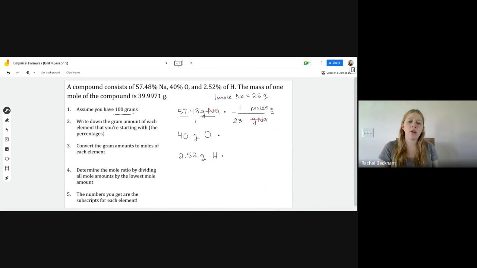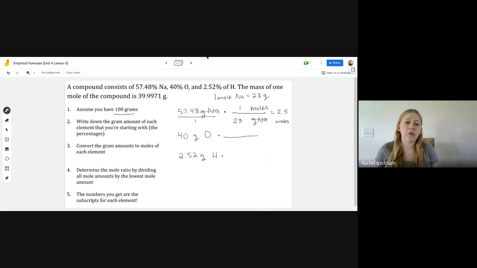And so now we're going to calculate that. So really, we're doing 57.48 times 1 divided by 23, okay? And I get about 2.5 moles. It was like 2.499. I'm just going to round it to 2.5 moles. Now we're going to do it for the oxygen.